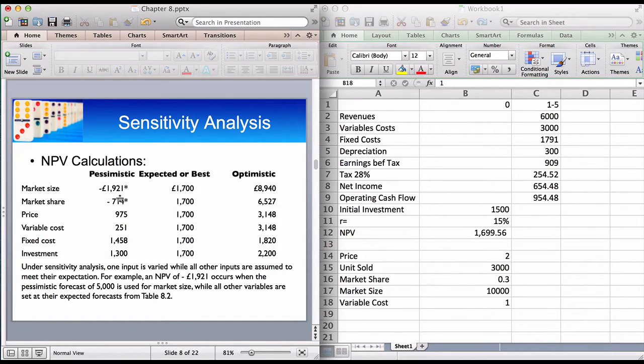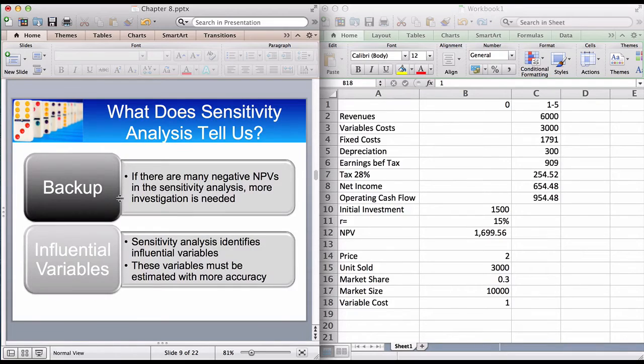So again, it should be market research, but there's more volatility in your estimates there, and that is something that you would then need to look at other types of strategies to mitigate that risk. So the sensitivity analysis is good because it allows you to focus down on those variables that may impart greater risk into your analysis.